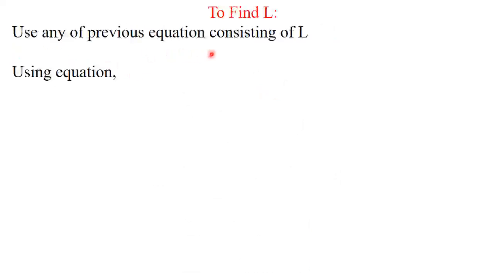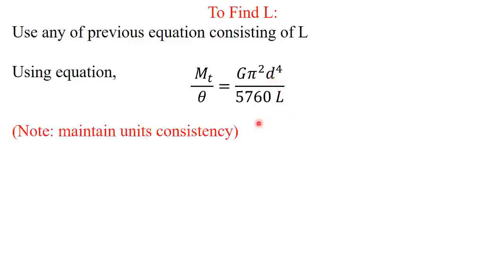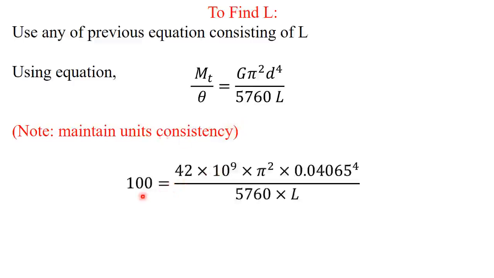This is D. Similarly, you have to find L. Any previous equation consisting of L; I am using this equation, mt by theta is given. D we have now found out, so L remains the only unknown. Again, units must be seen whether they are consistent or not. I always prefer to have SI units.